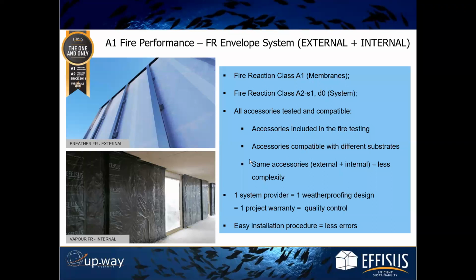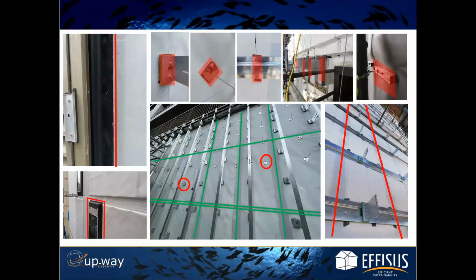This is a lot less complex than using different types of materials. And by working with Effisus, with all our envelope system, we have one system provider, one weatherproofing design, one project warranty, and this all leads to quality control of your project.